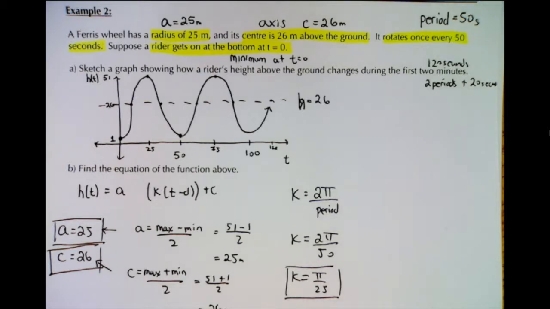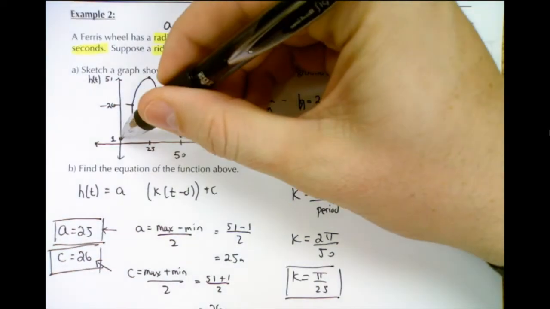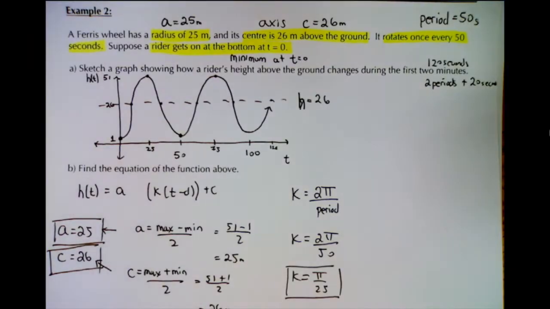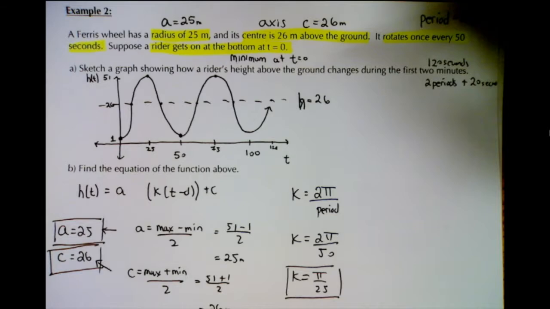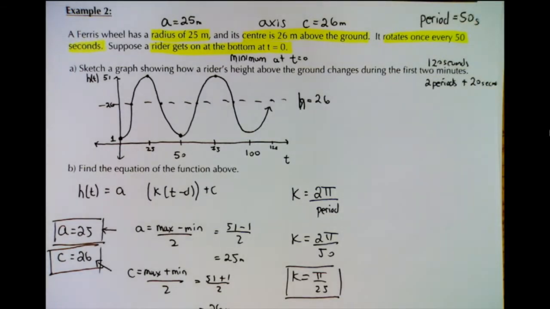D comes from when you're choosing your model. So we know our graph is starting at a minimum. Neither sine or cosine start at a minimum, so we need to use a transformation of sine or cosine. Since cosine starts at the maximum, if we were to vertically reflect that graph, we would start at a minimum. So to model this, you want to pick either sine or cos, whichever is closest to the graph that you sketch.